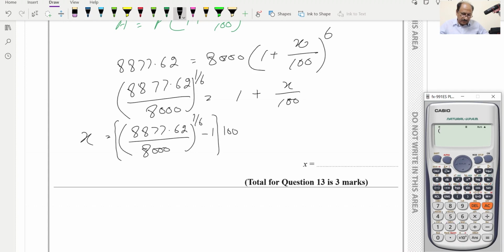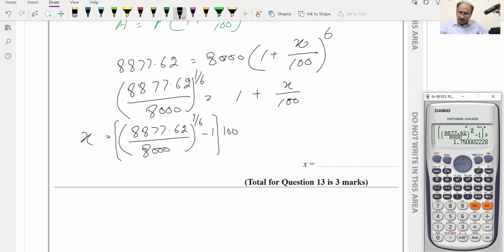in bracket and double bracket also we can write 8877.62 fraction, and this will be 8000, and this will be bracket close and raised to the power 1 over 6, and this will be minus 1 and bracket close and multiply by 100.